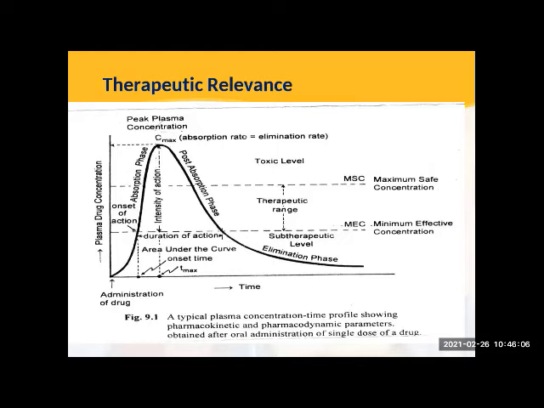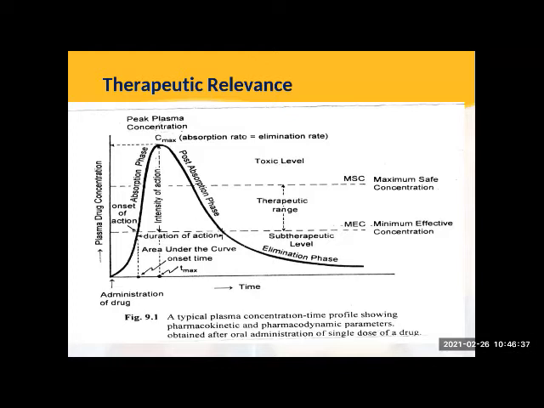As the drug gets distributed and metabolized, the concentration of the drug goes down below the maximum safe concentration, and at a certain point it also goes below the minimum effective concentration and reaches the subtherapeutic level. When the concentration of drug reaches the subtherapeutic level, we can call it the elimination phase.